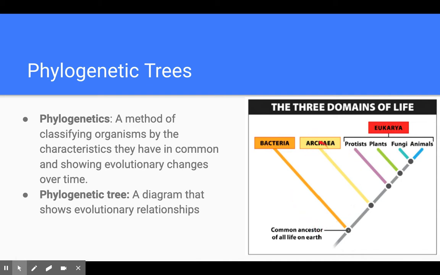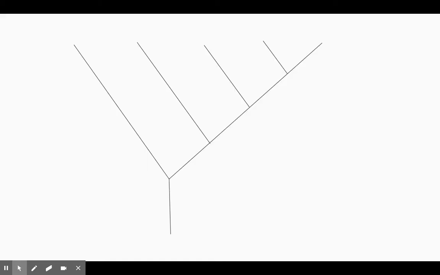Then archaea came to be, then protists, then plants, then fungi, and finally animals. So animals are the most recent thing to come about. So I'm going to show you a phylogenetic tree, and then we can maybe come back to this example.